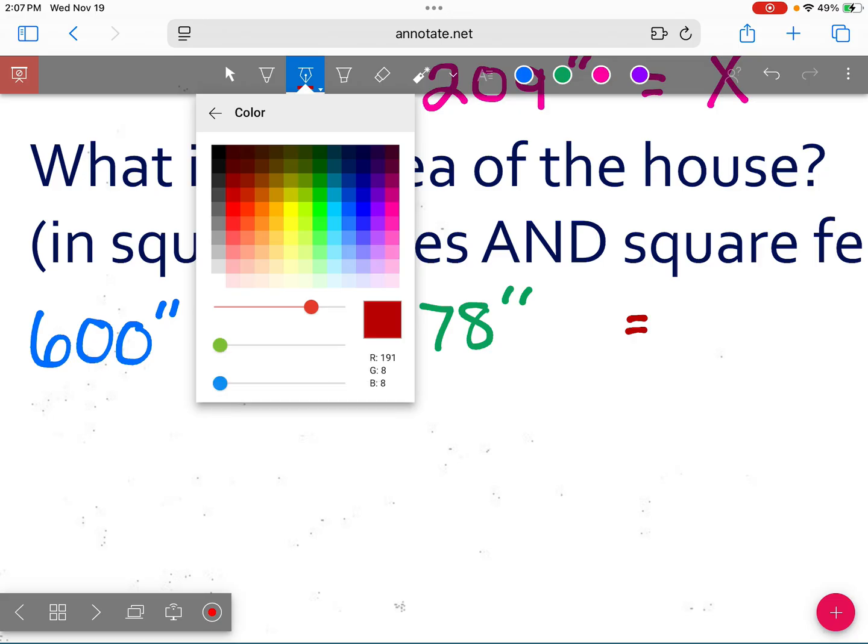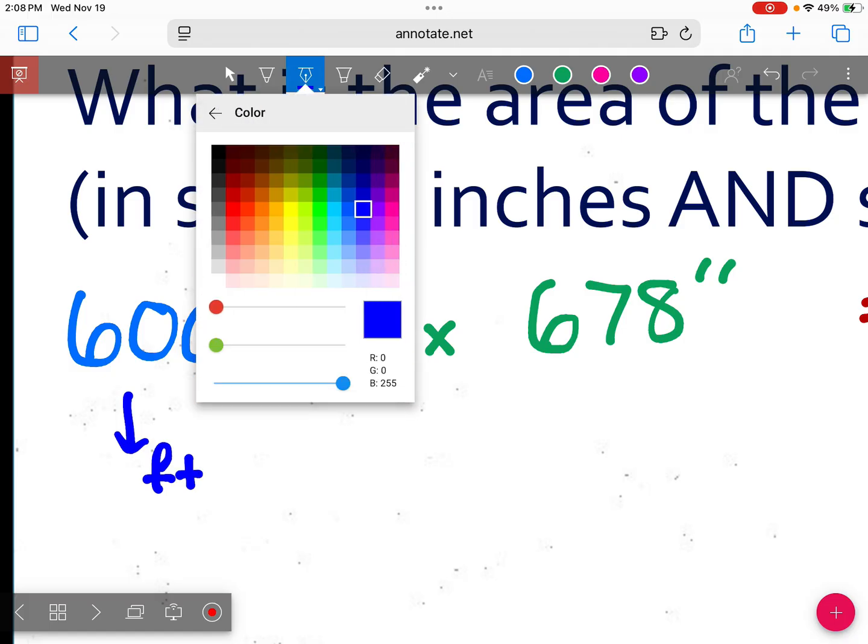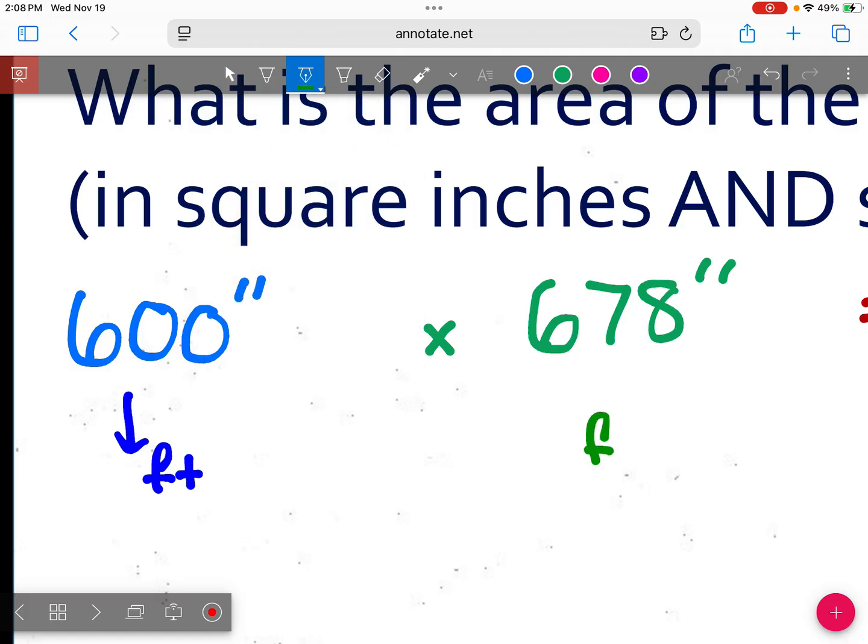If we're feeling shy, the next thing I'm going to ask, how many feet is this? And we're going to find our area in square feet. So if you think you've got our square inches and you don't feel like saying them out loud, convert it to feet. We're going to find square feet too.